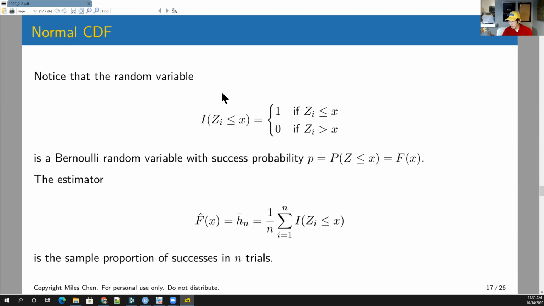One thing to think about is that the indicator, as a random variable, is basically a Bernoulli random variable, which is defined by the probability of success P. So this is a Bernoulli random variable with success probability P equal to the probability that Z is less than or equal to X, which is our CDF. When we estimate this as a sample mean, it's the sample proportion of successes in n trials.